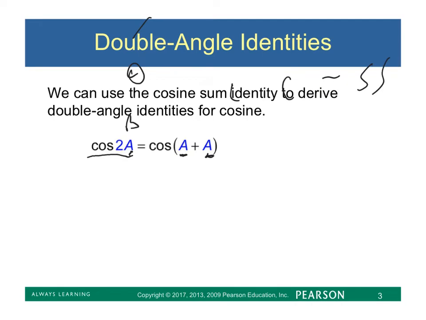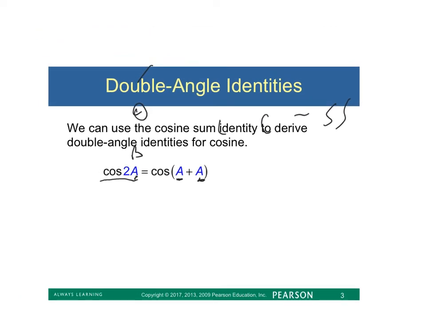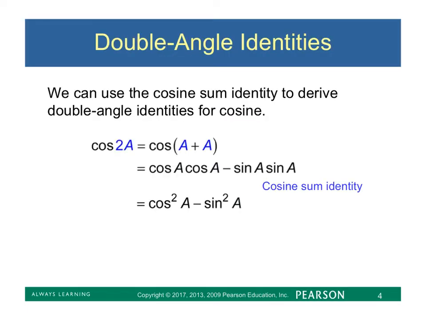So that would be cosine A cosine A minus sine A sine A. That is the identity. But we can simplify that because these two angles are the same, so it's cosine squared A minus sine squared A.